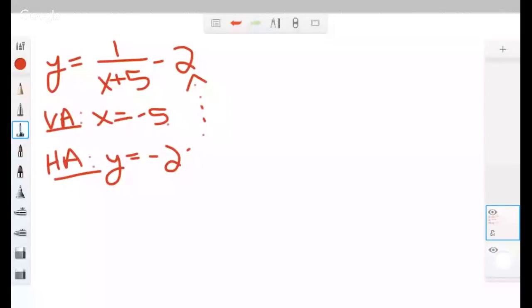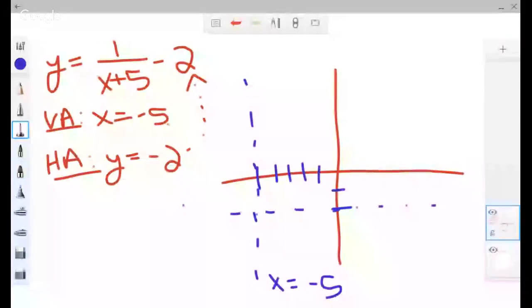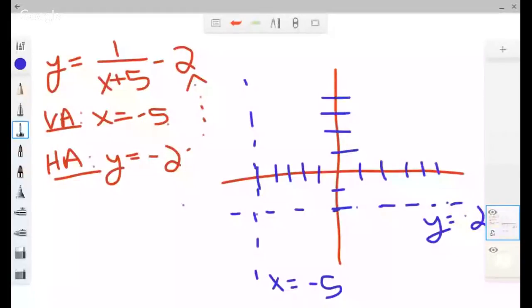And I just saw Yvonne posted a question. So just very quickly, if you were to graph this, just a very rough sketch, it would look something like this. You can always plug in a couple numbers if you're not sure where to start.